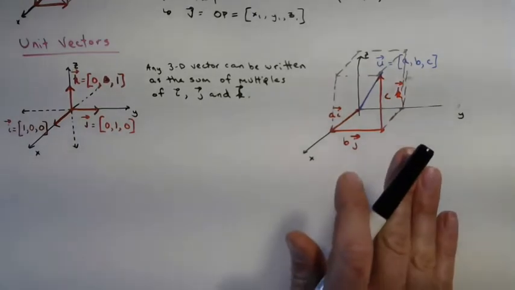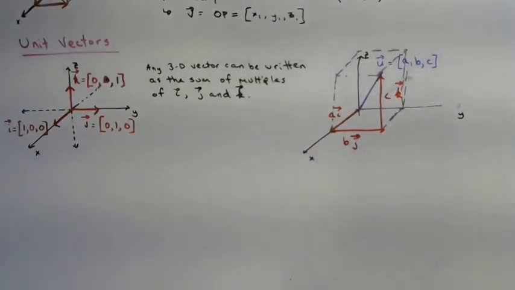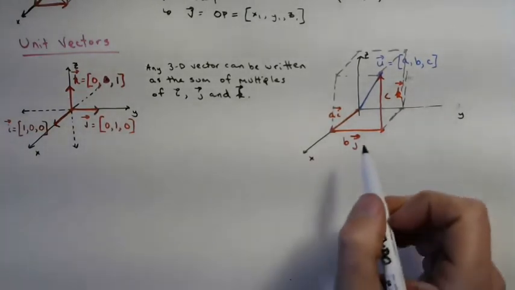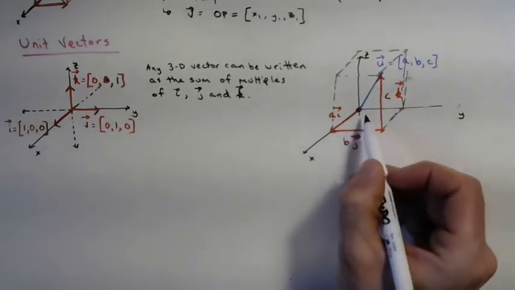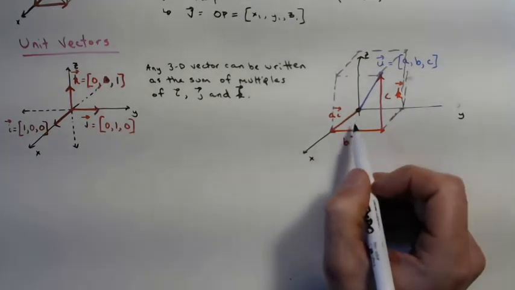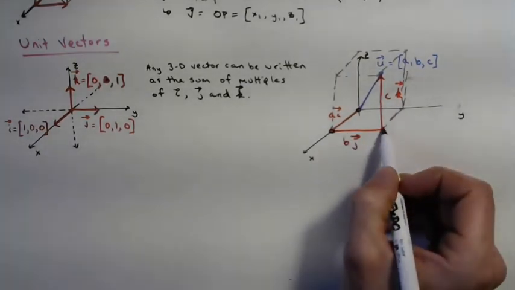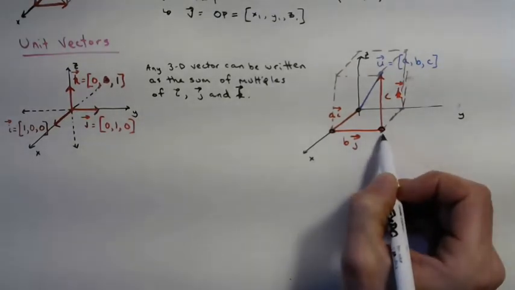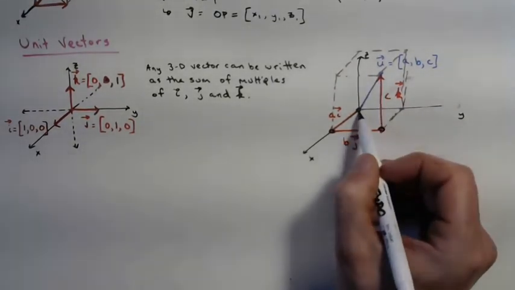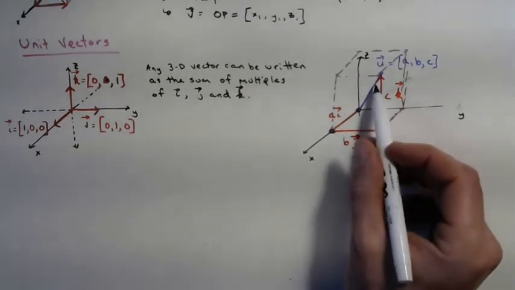Continuing our notes, using mostly this diagram to think about, but we're also able to reference both of them here. We're going to add vectors in 3D the same way as we added vectors in 2D. We're going to place the tail of the second vector to the tip of the first vector, and then the tail of the third vector to the tip of the second vector, and you basically just add ai plus bj plus ck, okay?